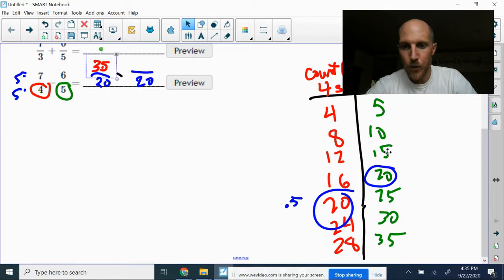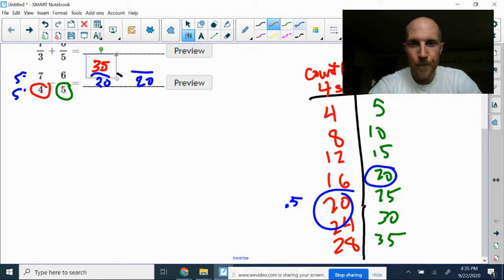Then looking at the green list, I already know I'm going to use the common denominator of 20 because that was the number that showed up in both columns. I changed the original fraction, 6/5, from a denominator of 5 to 20. How did I do that? If I look down this list, I can just count. 5 times 1, 5 times 2, 5 times 3, so this is 5 times 4.